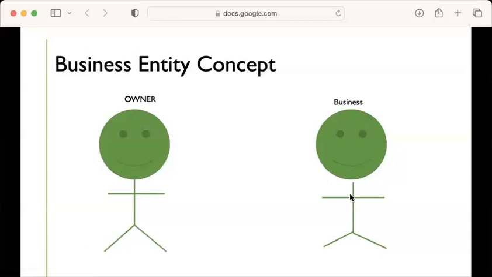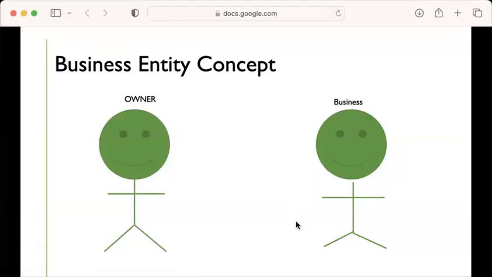We give life to the business. So hereafter, remember, in the next lessons to come, we will be saying us, we bought, we sold. What we mean is we are not going to talk about the owner there. We mean about the business, because we do not care what happens to the owner in accounting.